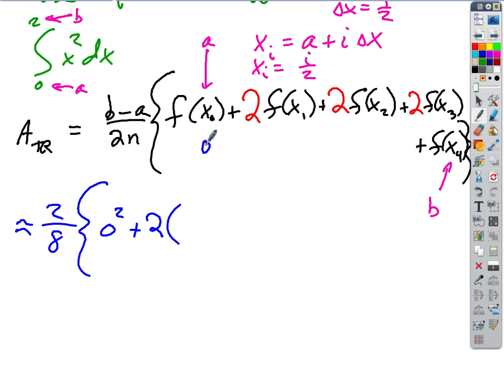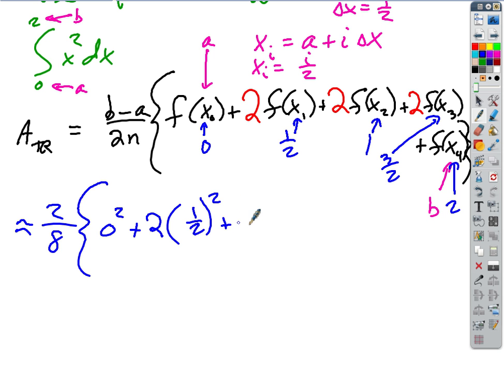So that's 0, 1/2, 1, 3/2, and 2. So what's f of 1/2? Well, 1/2 squared, right? Okay.